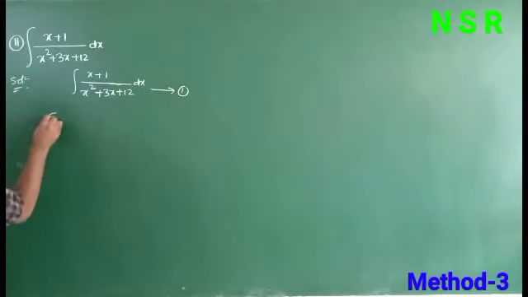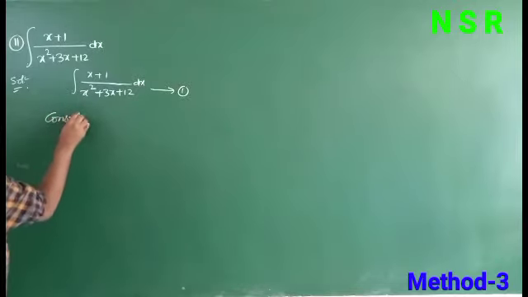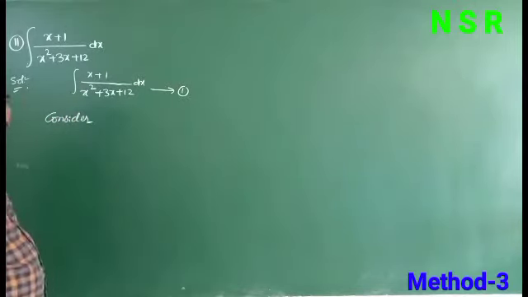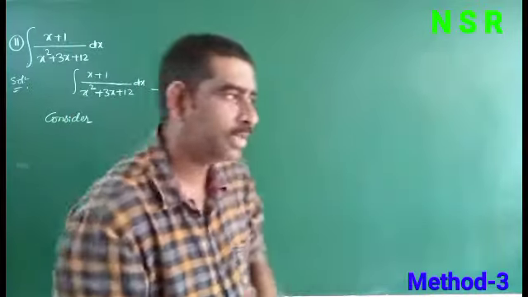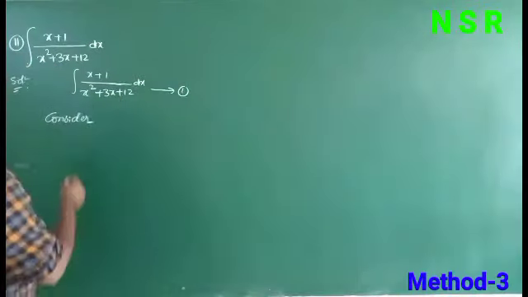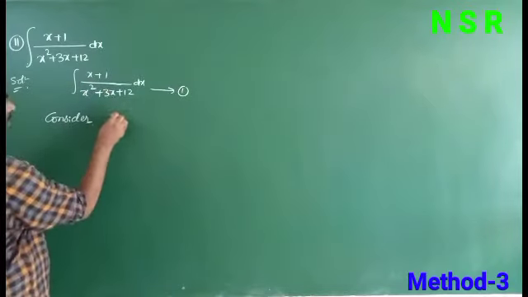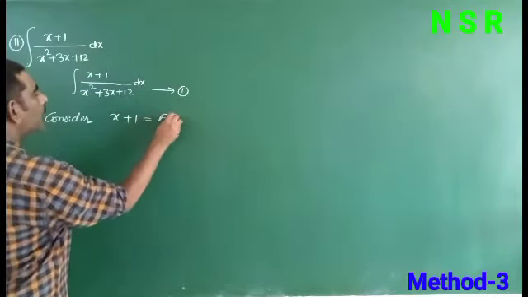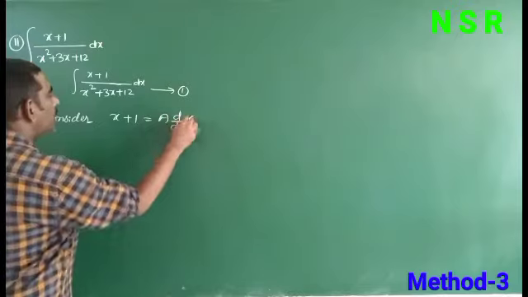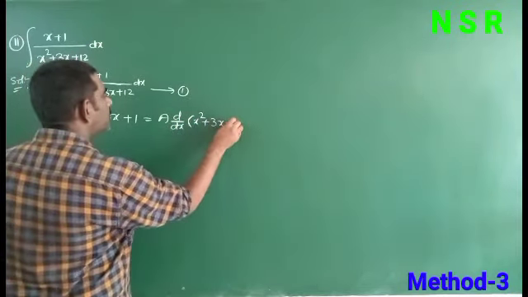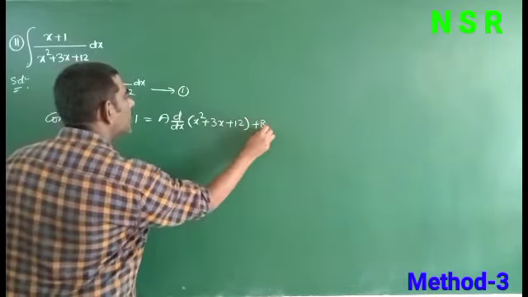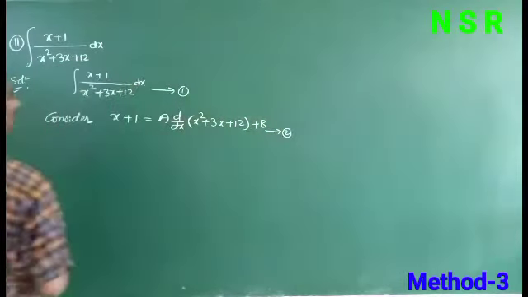It is in the form of (px + q)/(ax² + bx + c). So consider px + q, that is x + 1 = a · d/dx (x² + 3x + 12) + b. Take it as equation number 2.